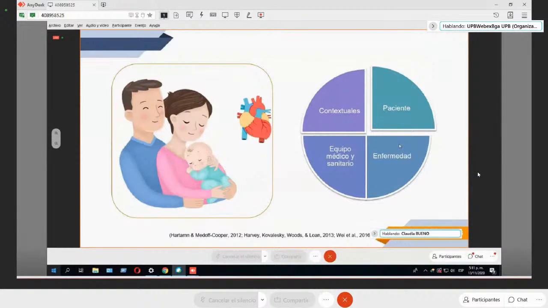When a carer is exposed to a stressful situation, such as the one we are describing this afternoon, different challenges appear. They may be very exhausting.